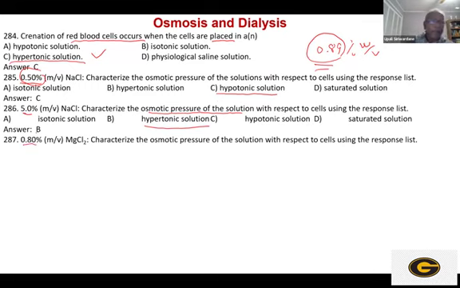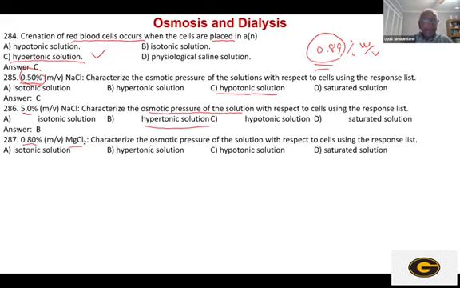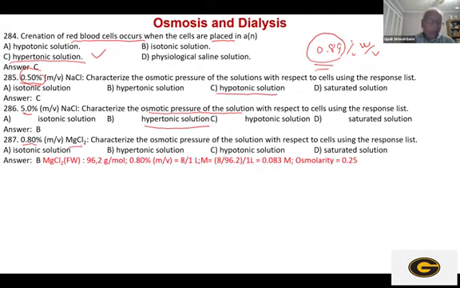If you have 0.8 magnesium chloride solution, now you have to calculate the osmolarity of the magnesium chloride solution. How do you calculate it? This is 8.0. Therefore, multiplied by 10, you get 8 grams per liter.